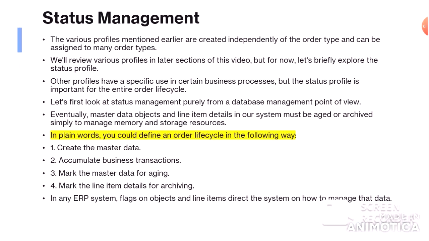Eventually, master data objects and line item details in our system must be aged or archived simply to manage memory and storage resources. So in plain words, you could define an order life cycle in the following way: create the master data, accumulate business transactions, mark the master data for aging, mark the line item details for archiving.